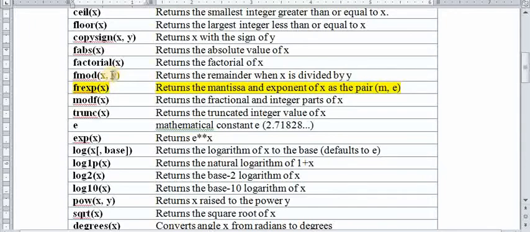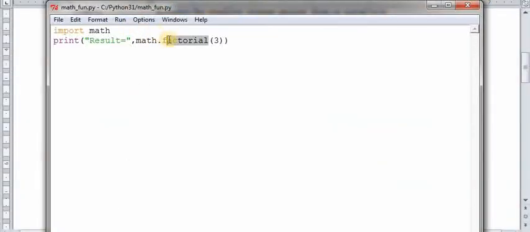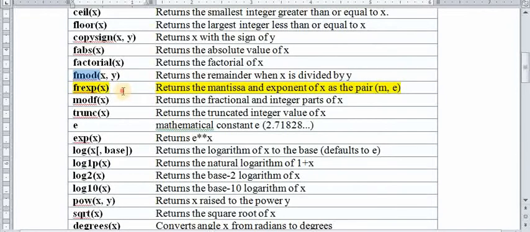After dividing, what will be the remainder? It is returned by the fmod function. Now let's check it. Math dot fmod. In this case you have to write two parameters, like 12 comma 5. So what will be the remainder? 5 twos are 10, and the remainder will be 2. Now check it. The remainder will be 2.